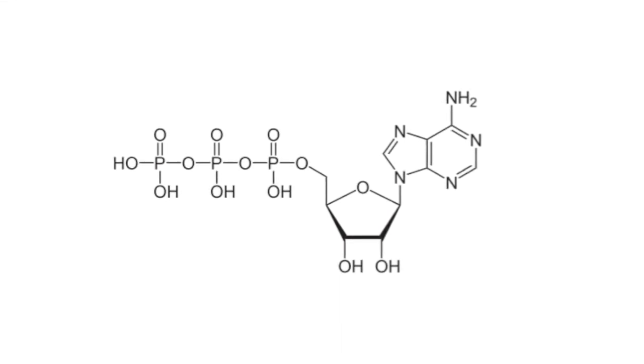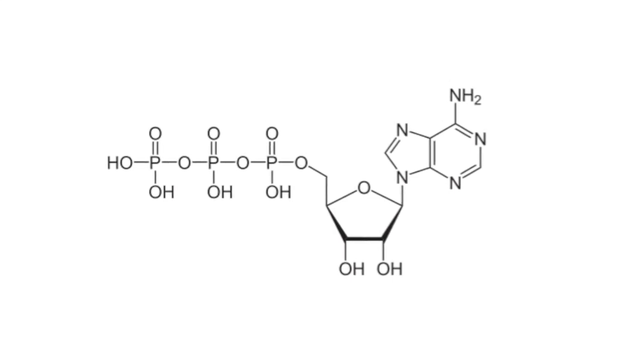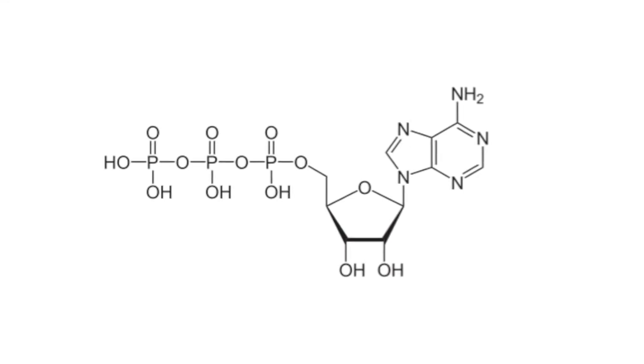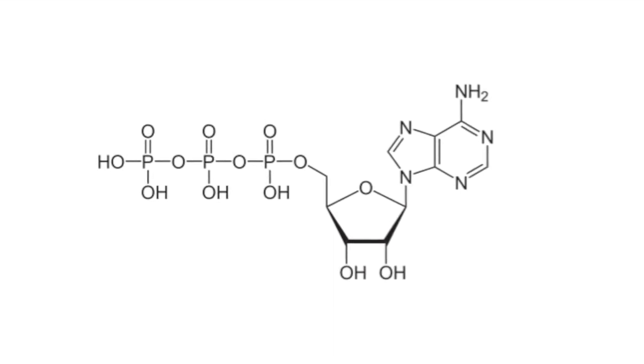Well, in this unit, you're gonna be hearing a lot about a molecule called ATP, adenosine triphosphate. ATP is made up of an adenine molecule, which is a nitrogenous base, similar to what is in your DNA, a ribose sugar, and then 3 phosphate groups.